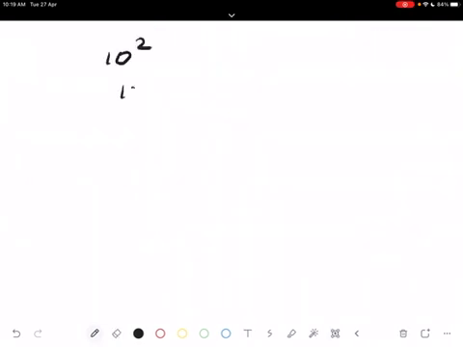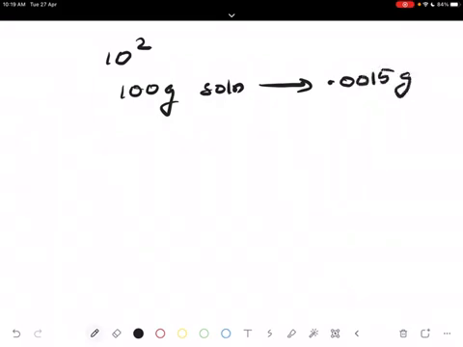So in 100 gram of solution, 0.0015 gram of the pollutant is present. But nobody cares about that pollutant at this value.